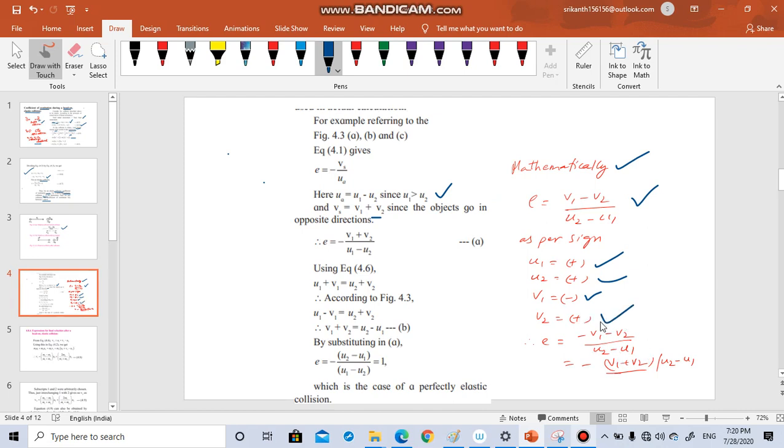Just substitute in this equation: in the place of v1 write minus v1, in the place of v2 write plus v2, in the place of u2 write plus u2, in the place of u1 write plus u1. If you do all this mathematics, you finally get v1 plus v2 divided by, there is a minus outside, if you take minus inside, this becomes u1 minus u2. It is the same as this equation.